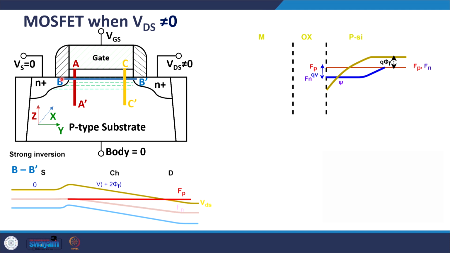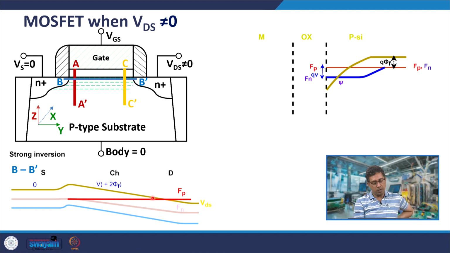If the entire channel from B to B prime is inverted, then as we had discussed, Fn would almost move along with Ec or Ei. So, that is why Fn would see a similar bending to that of this.